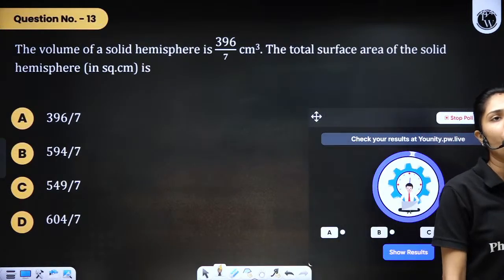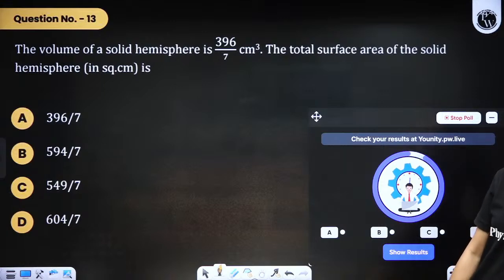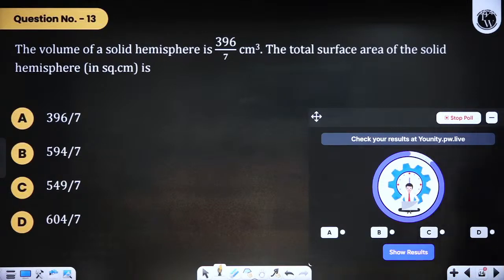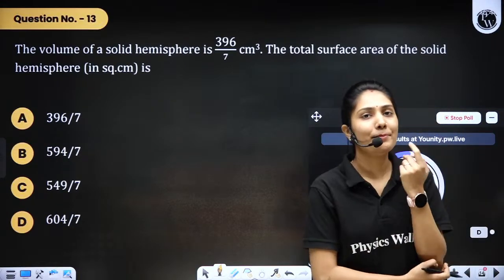What's the formula for the volume of a hemisphere and the total surface area of a hemisphere? Done.